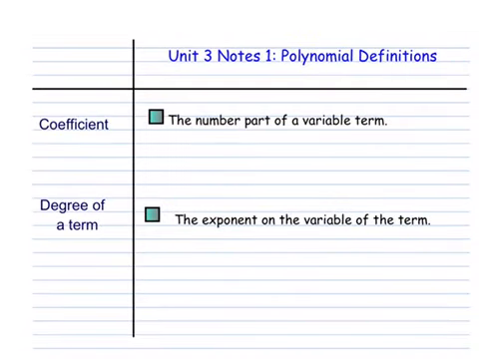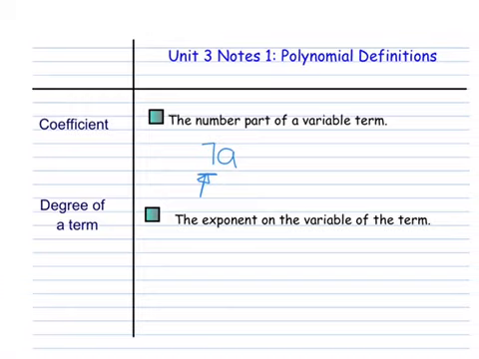Next, we're going to look at coefficient. The coefficient is the number part of a variable term. So if I give you 7a, 7 is the coefficient. That's what I'm talking about when I'm talking about the coefficient. It's the number part of that term. The degree of a term is the exponent on the variable of the term.